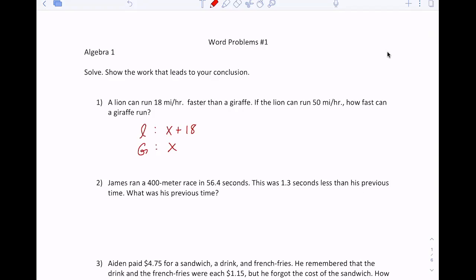Now, it says, if the lion can run 50 miles per hour. So now we're taking the lion, which is what? X plus 18, and we're setting it equal to what? To 50. Now some of you, again, are not hearing me. I know you can figure that out without any work.